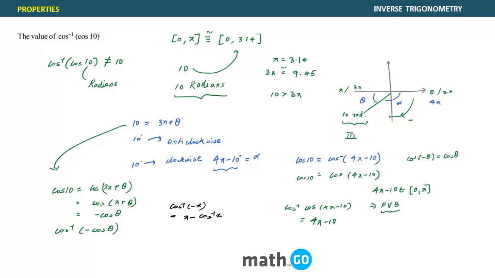So if we know this particular property, this value will return us pi minus cos inverse cos theta, or we can say pi minus theta. What is the value of theta from here? You can say theta is 10 minus 3 pi. Just put the value. So this answer becomes pi minus (10 minus 3 pi), and if you solve this, it again becomes 4 pi minus 10, which is completely similar to the answer that you are fetching here.